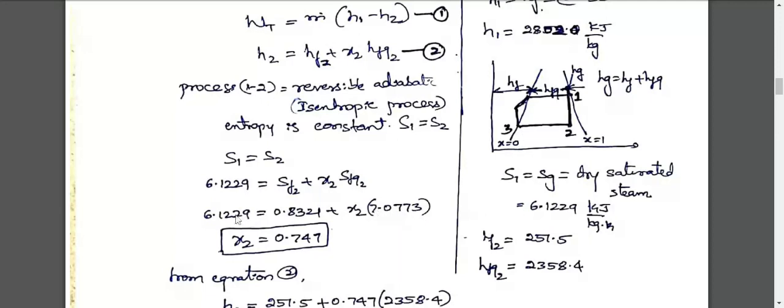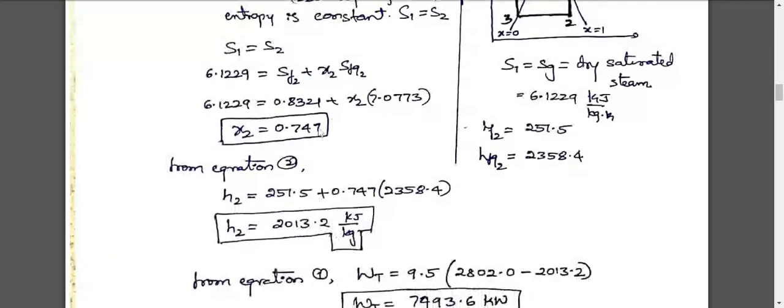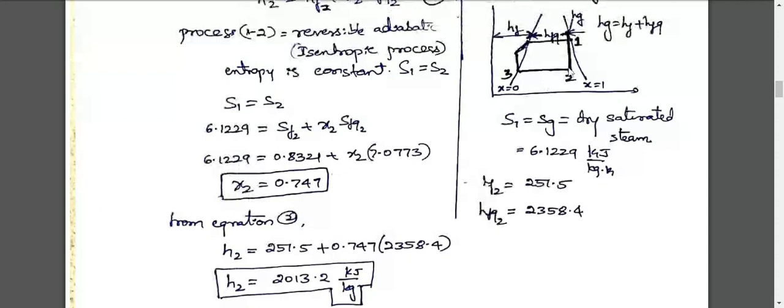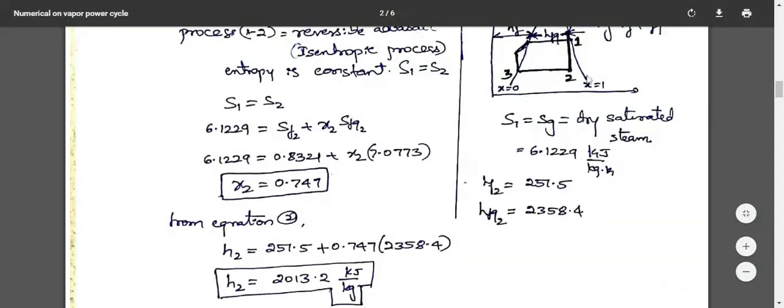Once you solve this equation, you will get the value of X2 as 0.747. What does it mean? 74% is steam, the remaining percent is water. That is the reason point number 2 is nearer to the vapor line. The percentage of vapor is more, so it is nearer to here.